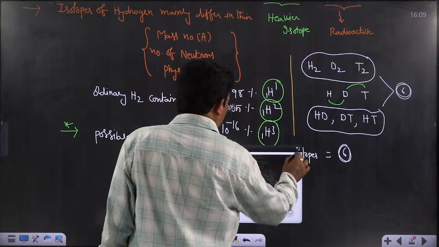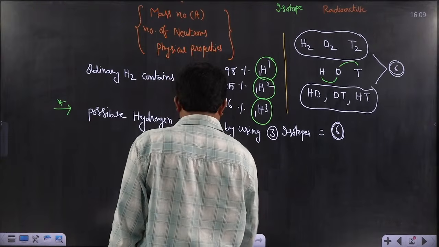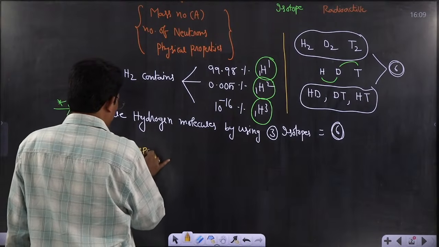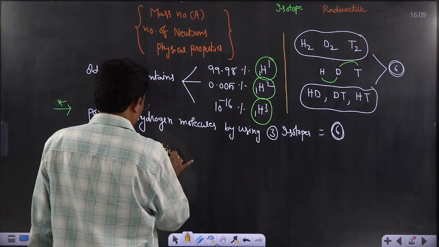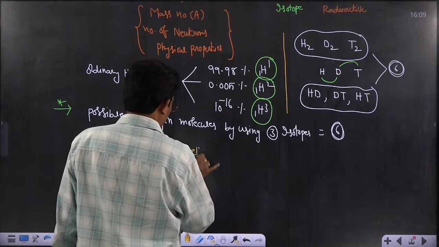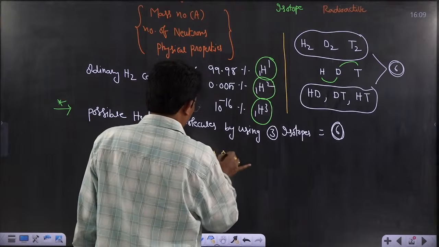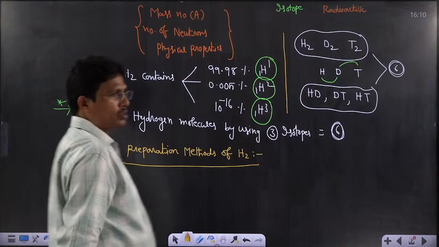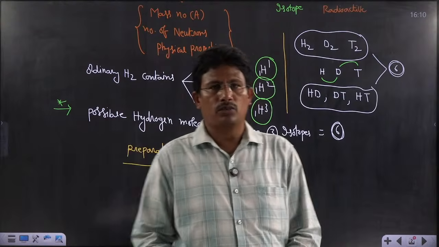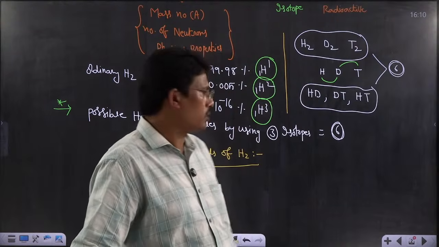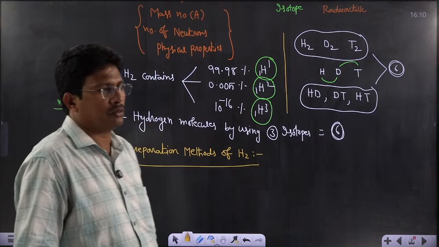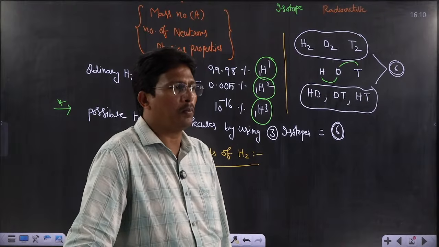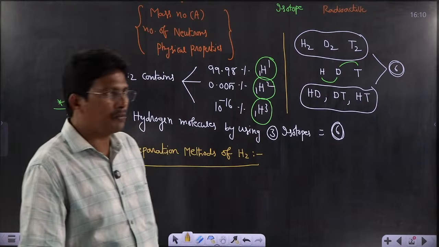Now we are going to discuss the preparation methods of hydrogen. Here so many methods are there to get hydrogen gas. In many chemical reactions, hydrogen gas is formed as a byproduct, mainly in organic reactions, in the acidic properties of alcohols and phenols.